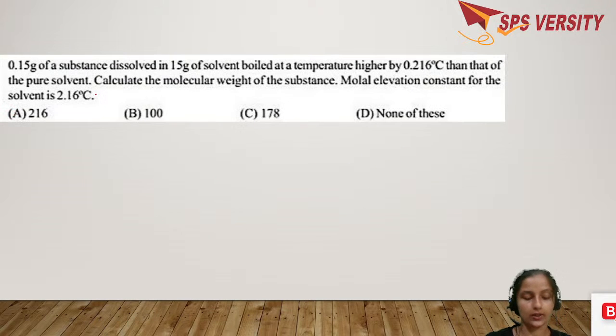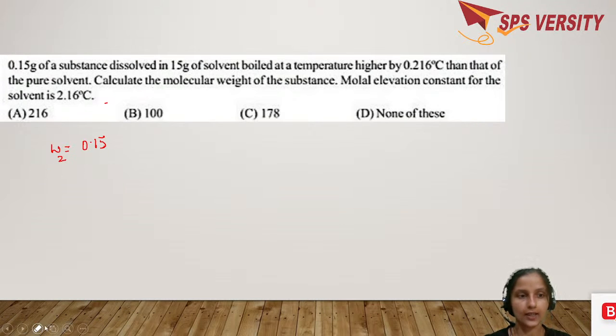We are going ahead with the next question. 0.15 gram of a substance dissolved in 50 grams of the solvent boiled at a temperature higher than this. Calculate the molecular weight of the substance. Weight they have given W2 0.15 and M1, sorry.